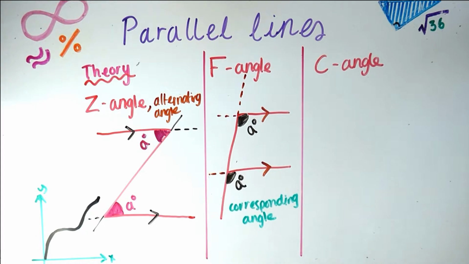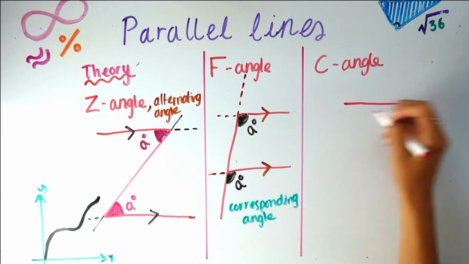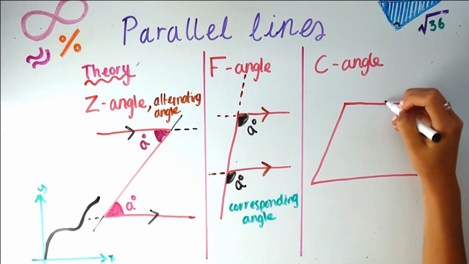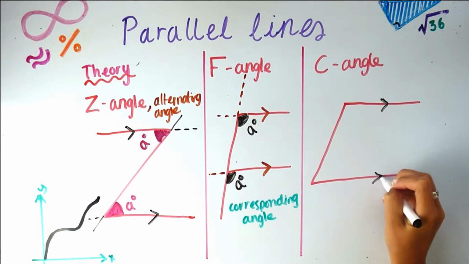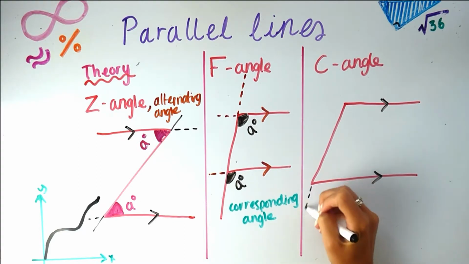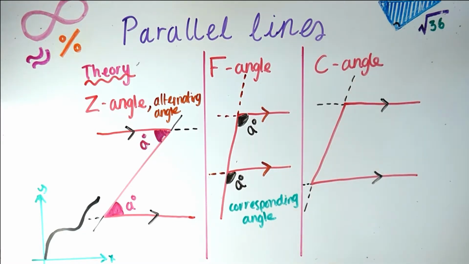So let's move on to C. Let's create a C with our parallel lines. A C would look something like this. And remember, we're dealing with parallel lines, so these 2 are parallel, and they have to be denoted with this arrow, otherwise they're not parallel. That's how you know. But these lines might be extended. So what can we know about a cangle?